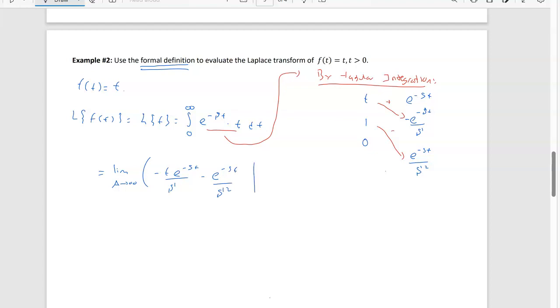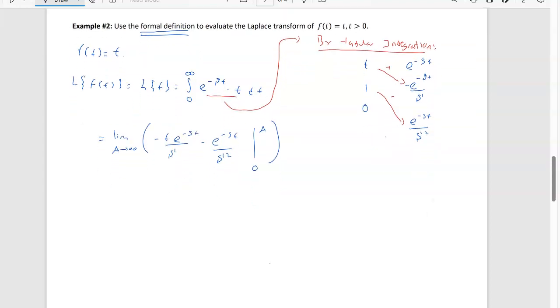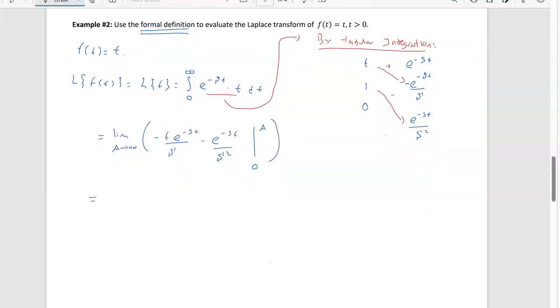And we're going to be evaluating this limit from 0 to a. So we end up with the limit as a approaches infinity of negative a e to the negative s a divided by s, minus a e to the negative s times a divided by s squared.